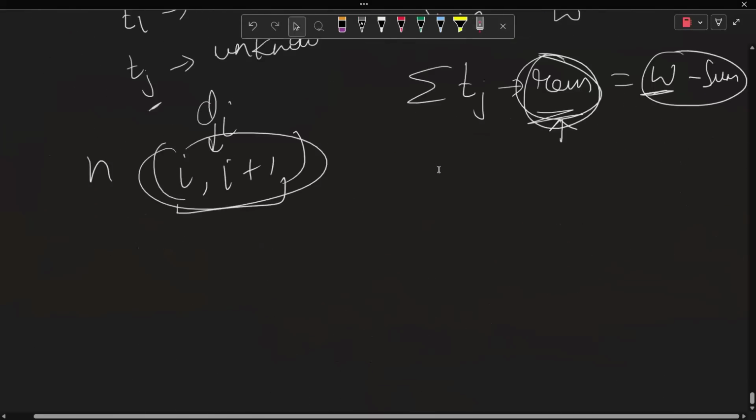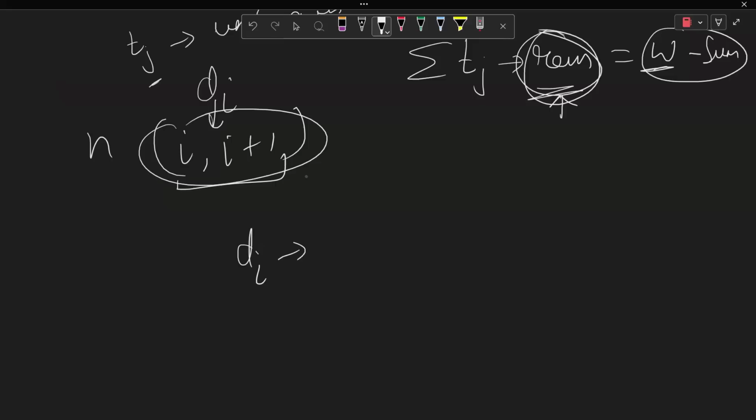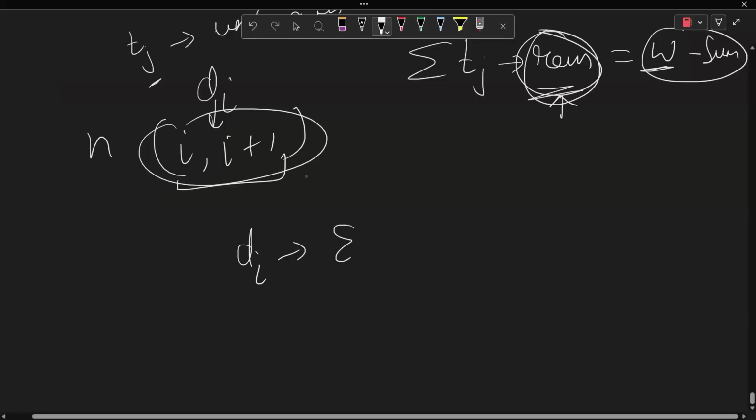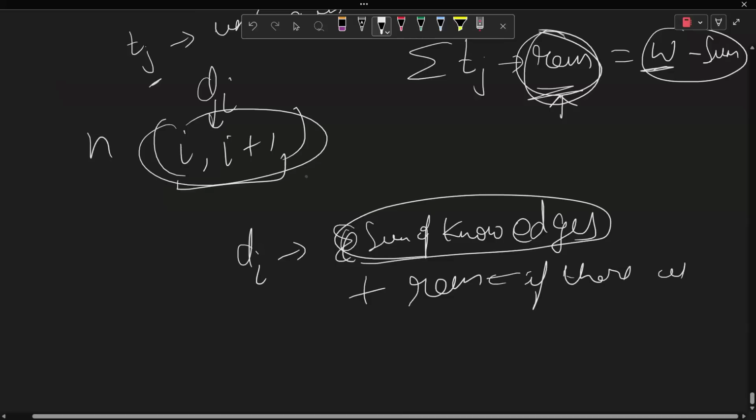So if you know for every di what edges constitute this di, then if it is constituted by some edges which are known, then it is the sum of known edges, plus remaining if there is at least one unknown edge. If there is no unknown edge, it would be only the sum of known edges, and you would add plus remaining only if there is any unknown edge.